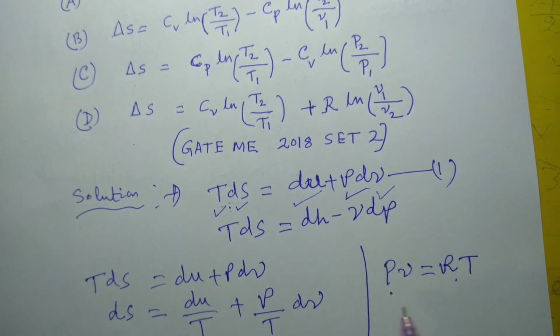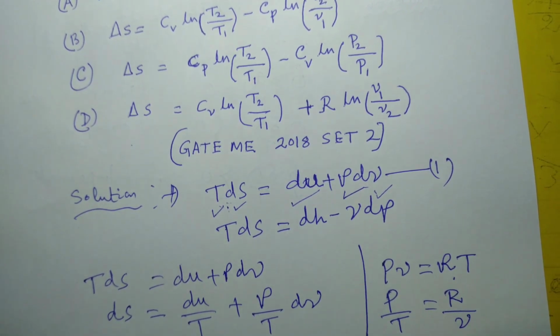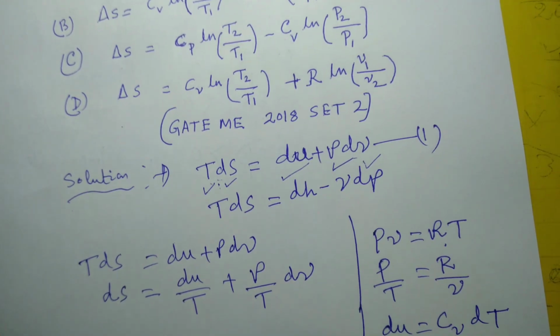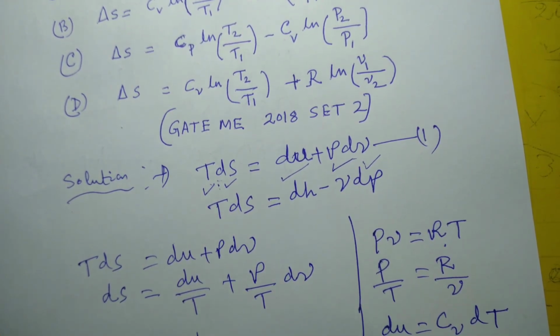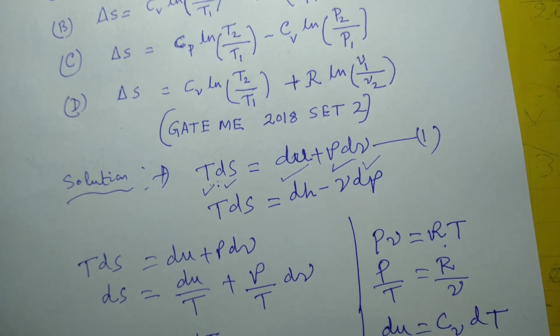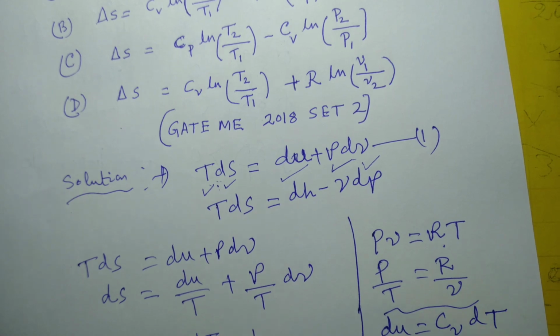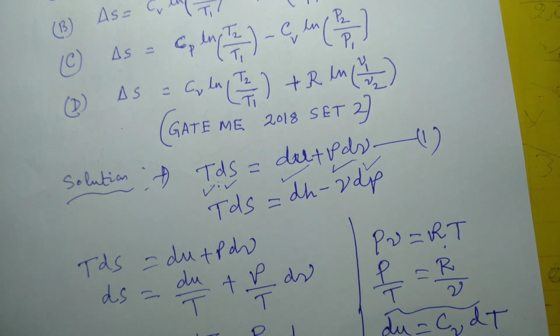So P by T is nothing but R upon V, and du for an ideal gas is nothing but CvdT. So this is CvdT divided by T, plus, in place of P by T, R by V dV.